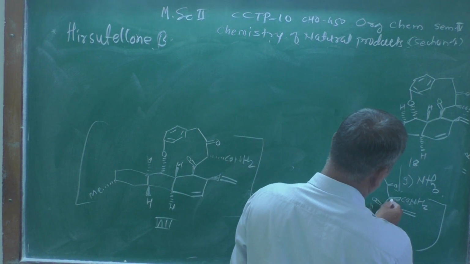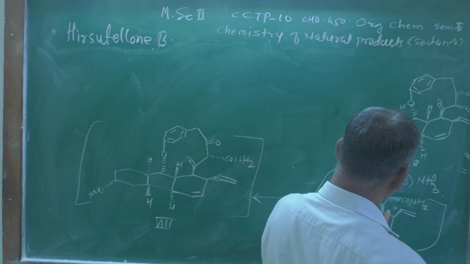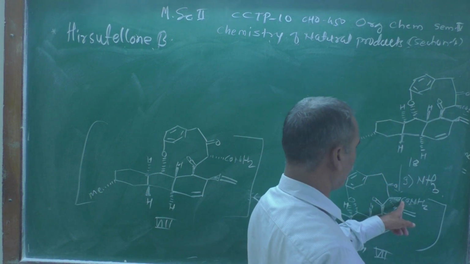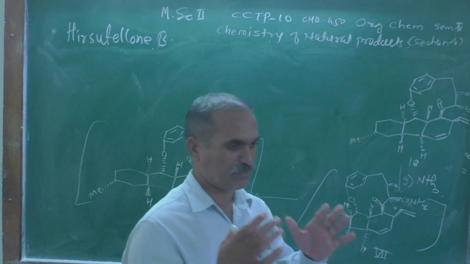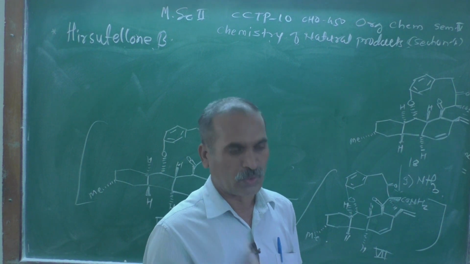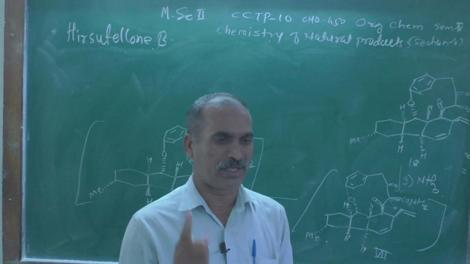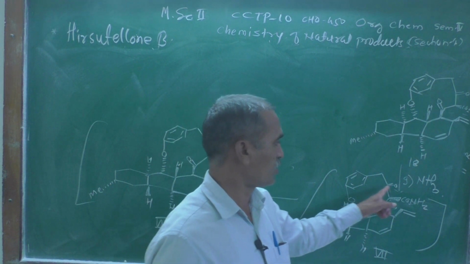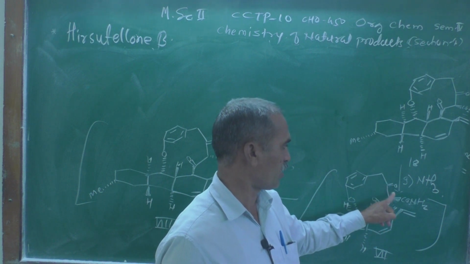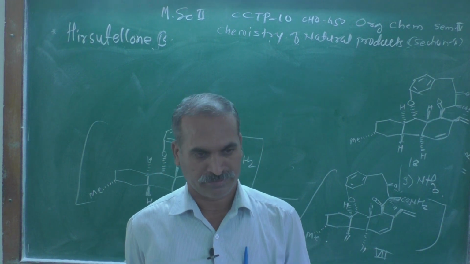This is above the plane, so the hydrogen atom should be below the plane. Now if you see over here, here also is a carbonyl group, here also, here also. As we know, while assigning priority, the first rule says to see the atomic number, but in this case all three groups are carbon.